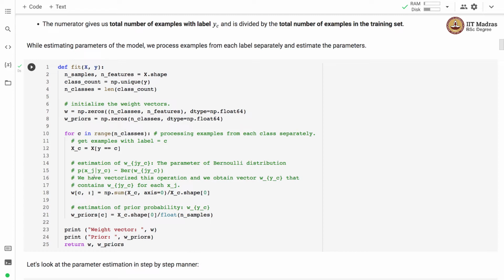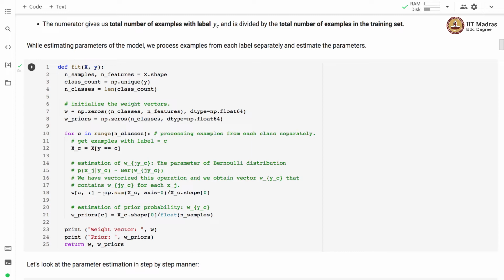So here we have Bernoulli distribution, which is p of xj given yc is distributed according to Bernoulli distribution with parameter w j by c. Now we will perform a vectorized operation and we'll estimate all m parameters of m different Bernoulli distributions corresponding to each feature.